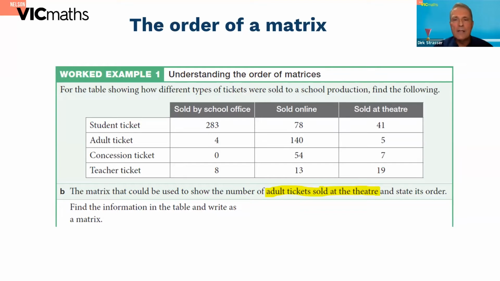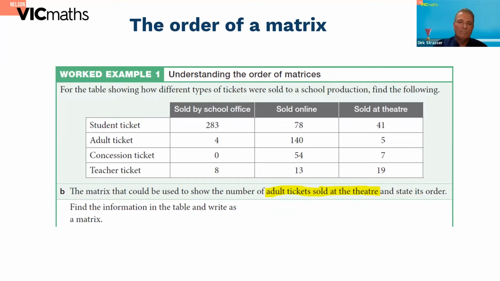It's a fairly easy one to start off with, but as you can see, there's a school production, 4 different types of tickets, and 3 ways of selling them. The question asks, what's the matrix that could be used to show the number of adult tickets sold at the theatre, and state its order?